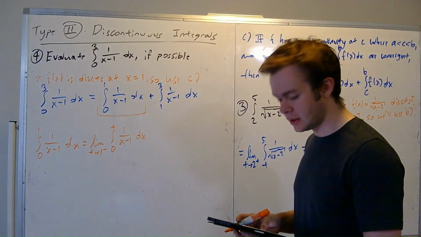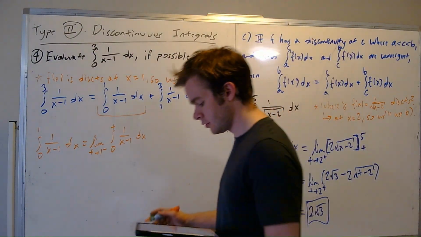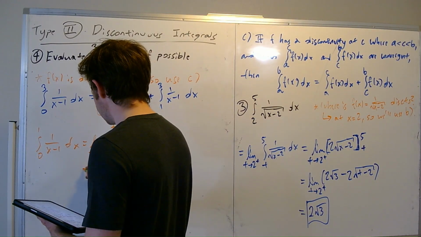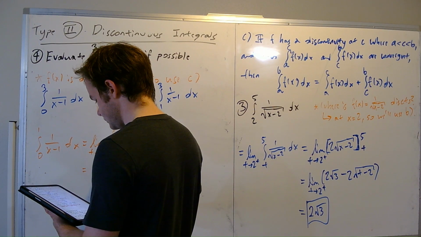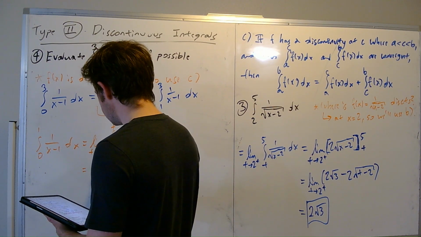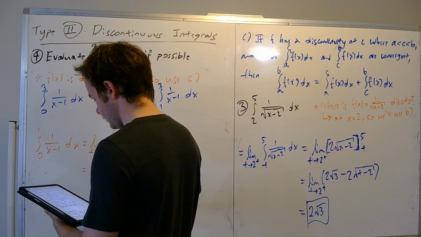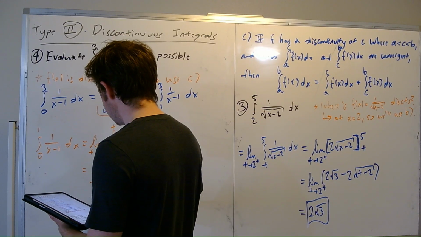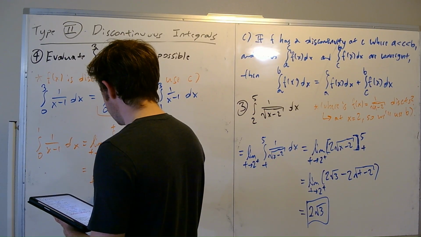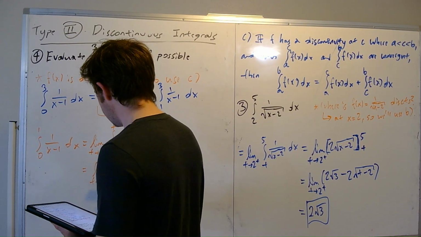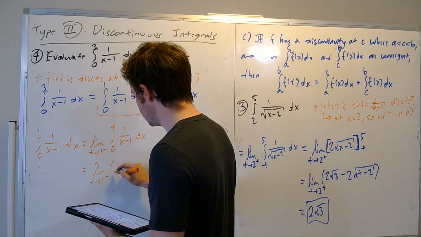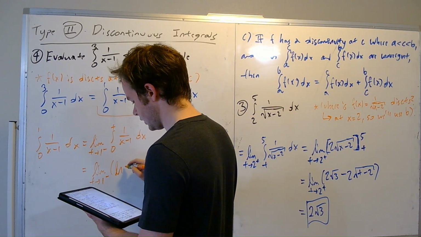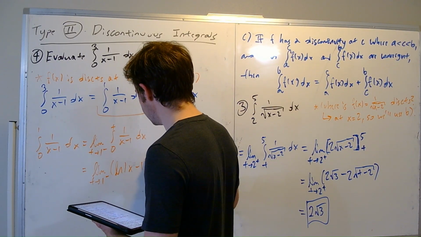Okay. And now you would do u substitution to solve this integral, but what you're going to get is the limit as t goes to 1 from the left of the natural log of the absolute value of x minus 1.